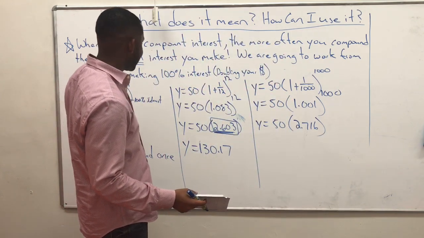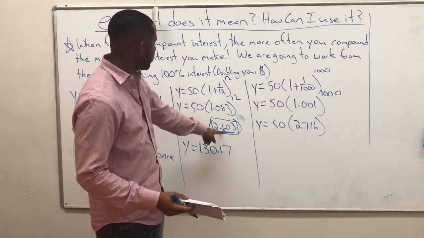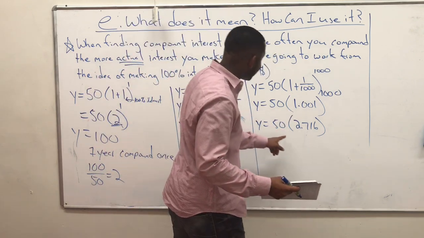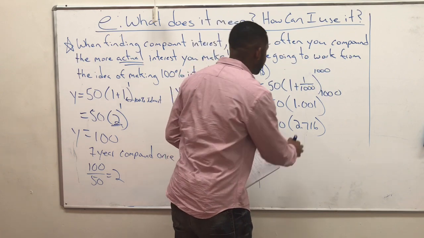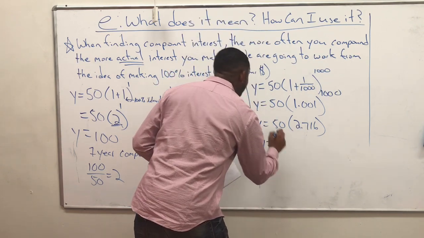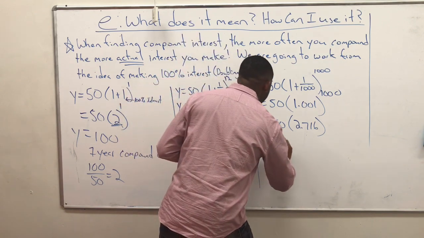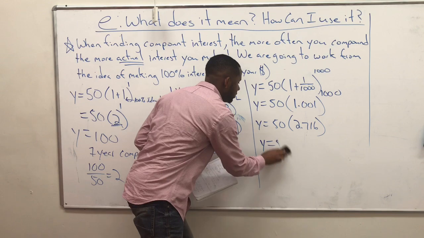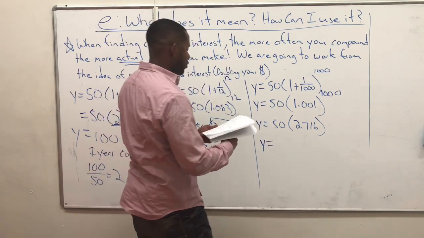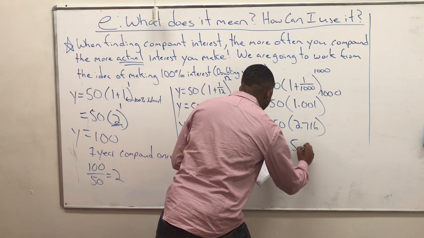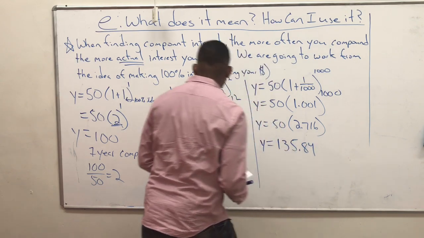See how this is happening? 50 was only multiplied by 2. The more I compounded it, now it's multiplied by 2.603. The more I compounded it, now it's multiplied by 2.716. And I see after 1 year in this situation, I end up with $135.84, right?